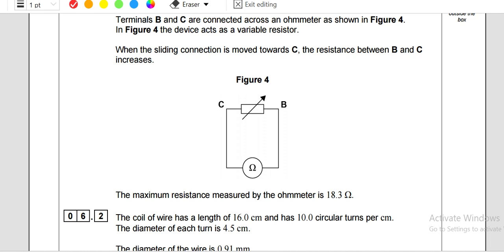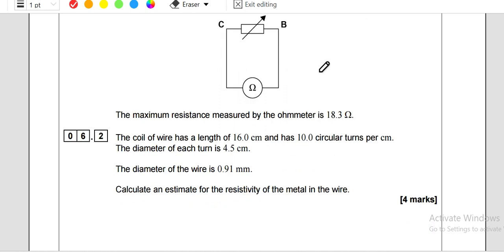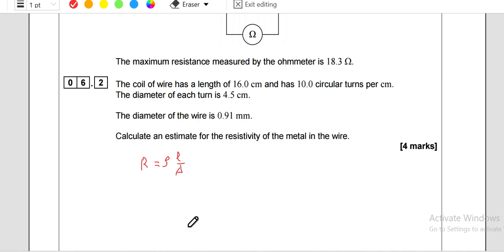Okay, again, we will use R equals rho L over A. So we can rearrange for rho as R A over L. We have R here, the maximum resistance that can be obtained, which is 18.3 ohm.